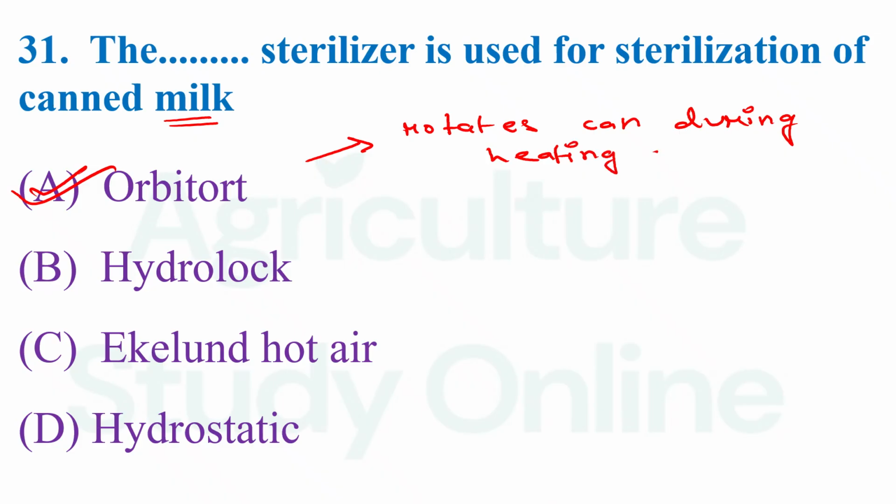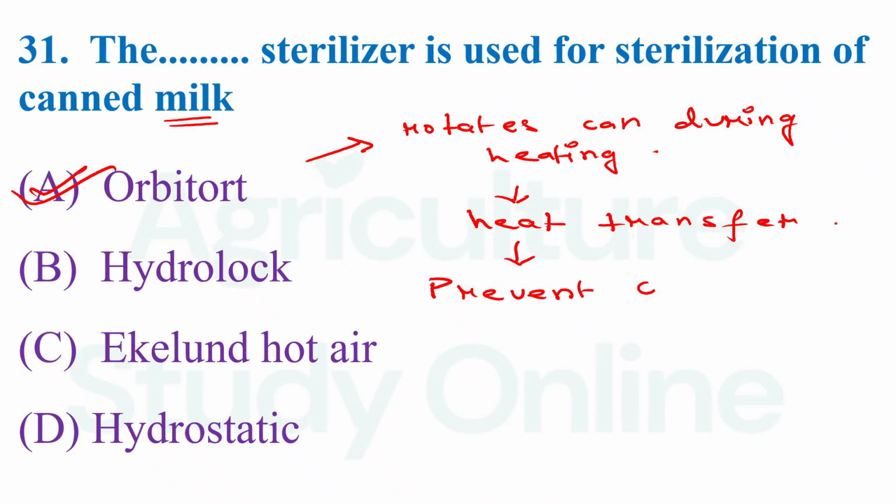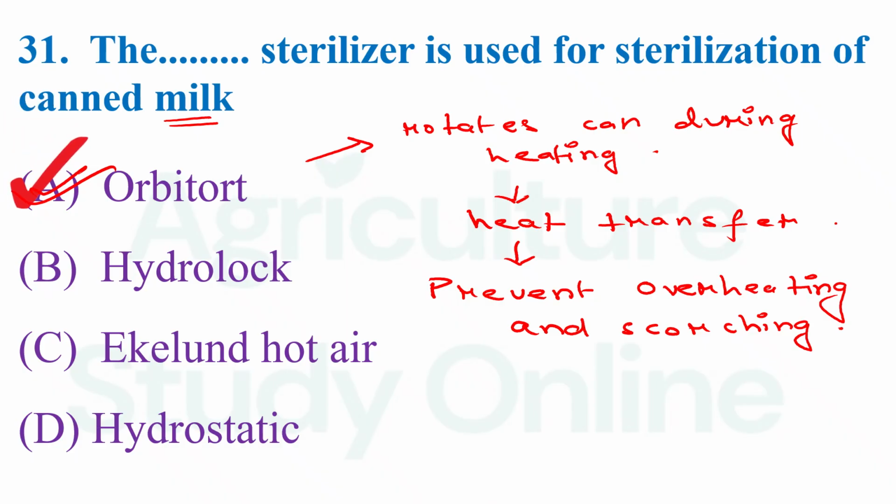So this will improve the heat transfer, and because of this it will prevent overheating and scorching. So it is ideal for canned milk sterilization. So correct option is option number A, that is Orbitort.